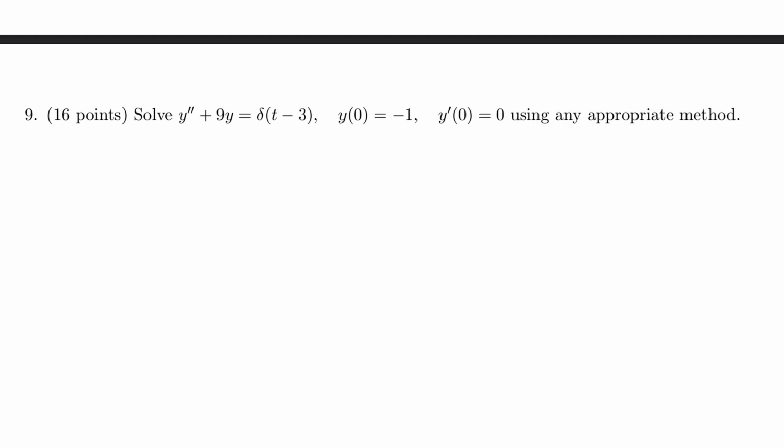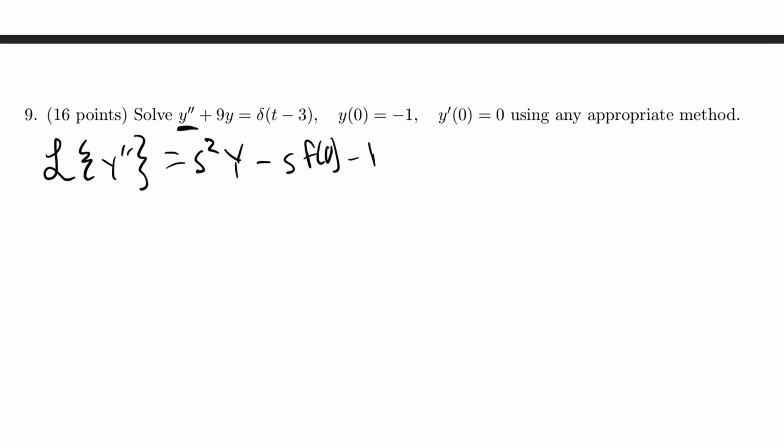So to start with, we want to take the Laplace transform of all of the parts. Right here we have y double prime, so let's take the Laplace transform of that. And that is equal to s squared Y minus s times f of 0 minus f prime of 0.